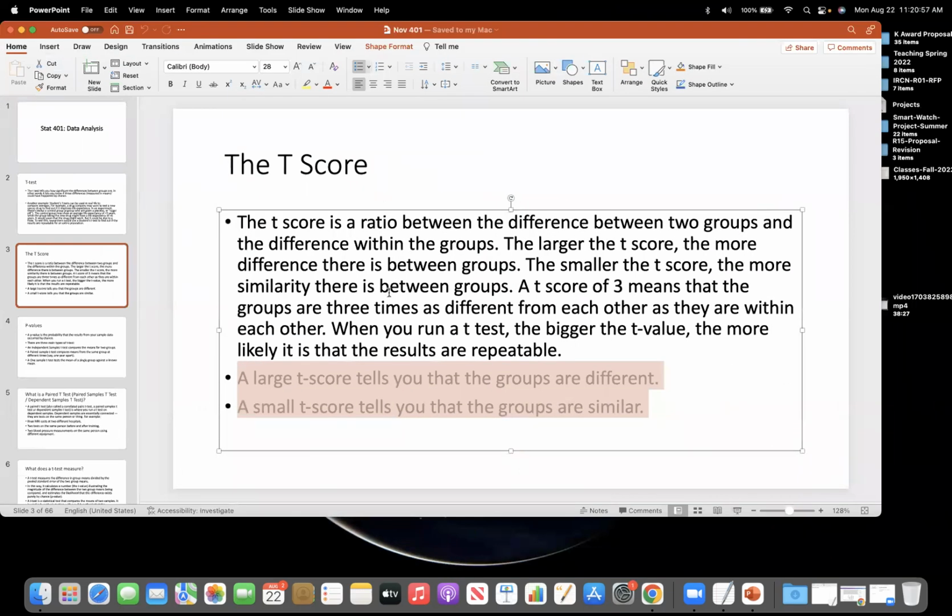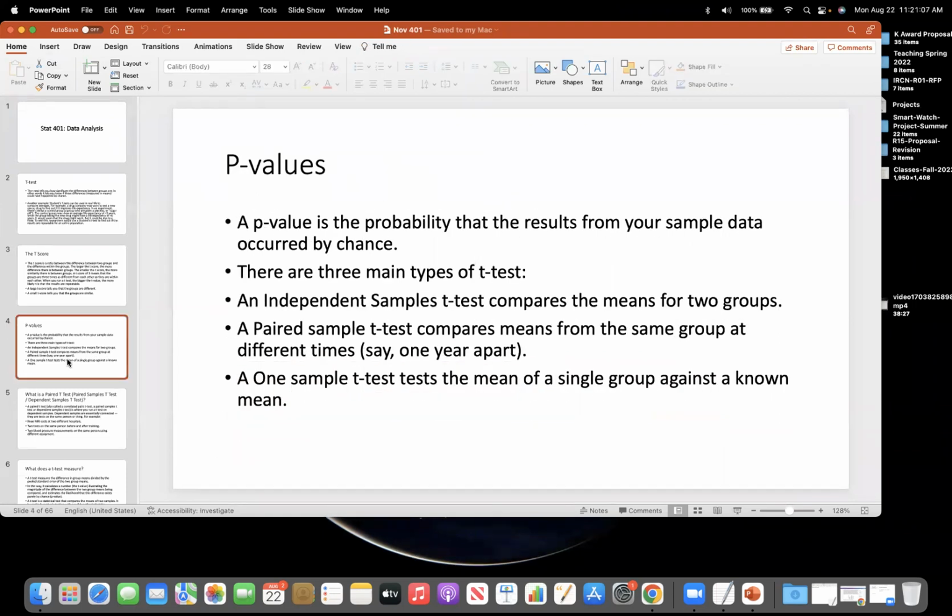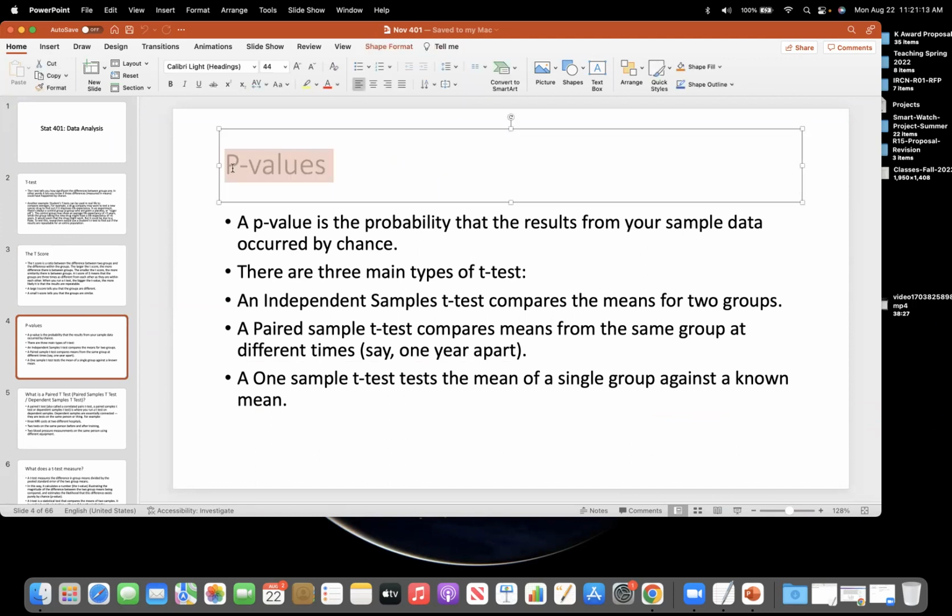Okay, so that would be your t-test and t-score. The next thing which comes with t-test is p-values. Now you must have heard about p-values, right? They are a quite popular way of presenting your test of significance.